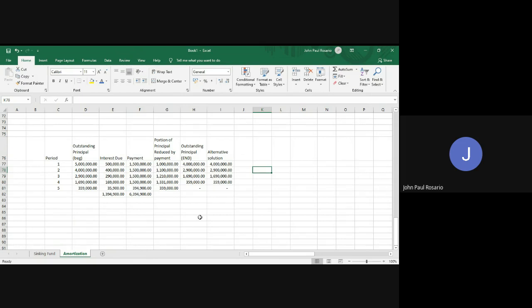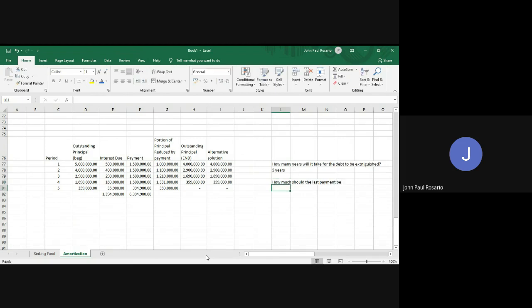Okay, so for example, the first question is, how many years will it take for the debt to be extinguished? We know it's 5 years because it took 5 payments. Then, how much should the last payment be?